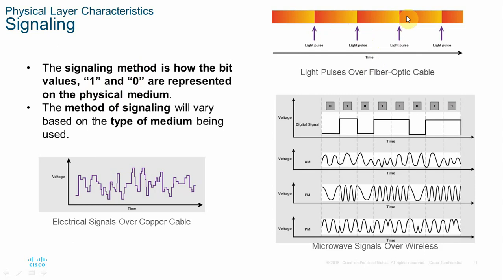So in fiber optic, 1 and 0 are represented by on and off light. In the copper cable, 1s and 0s are represented as electric signals, high or low. In fiber it is light. Then wireless or microwave means wireless signals, like RF, radio frequency signals.